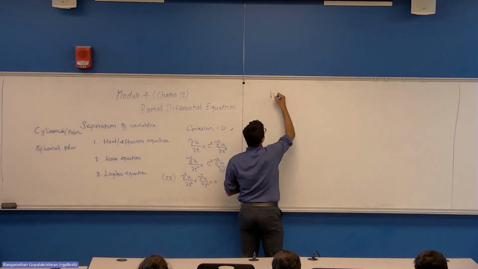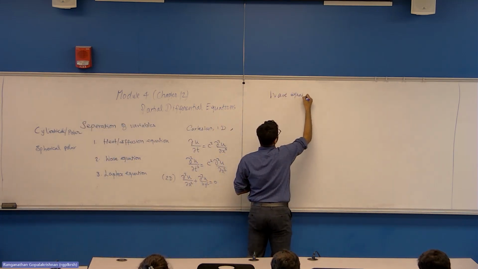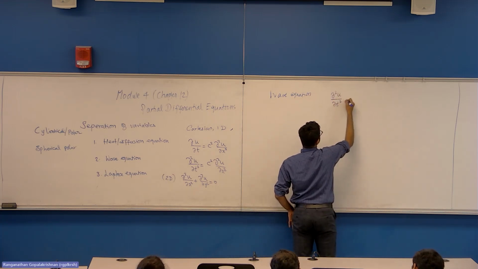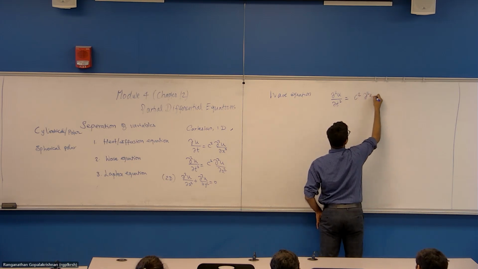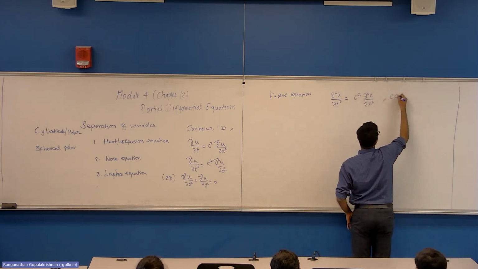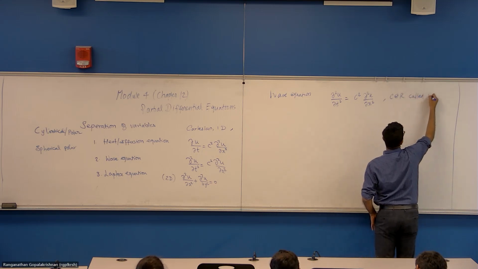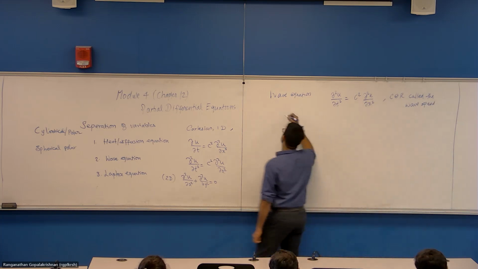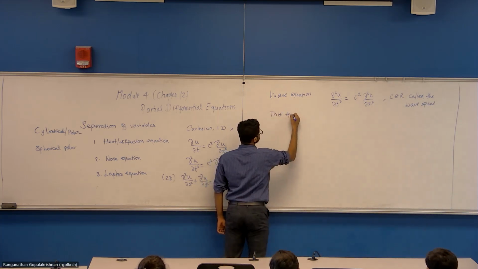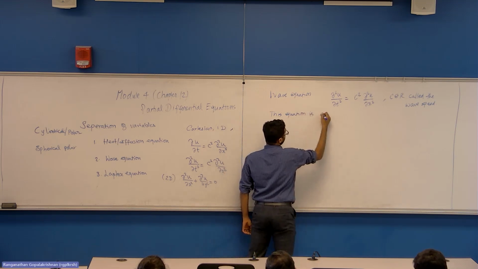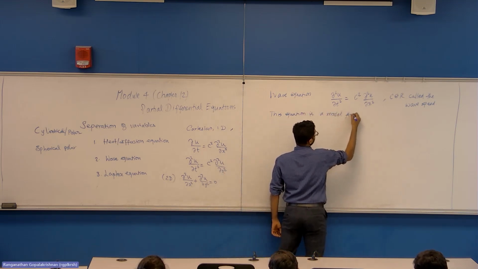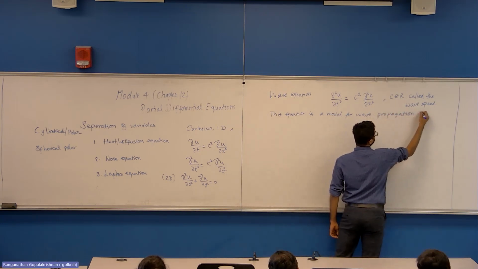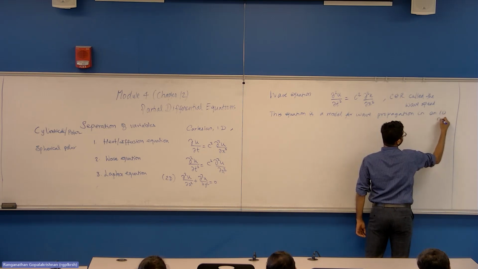So we'll start with the wave equation to demonstrate the idea of separation of variables, which you write as partial squared u over partial t squared equals c squared partial squared u over partial x squared. c is a real number called the wave speed. This equation is a model for wave propagation in a one-dimensional medium.